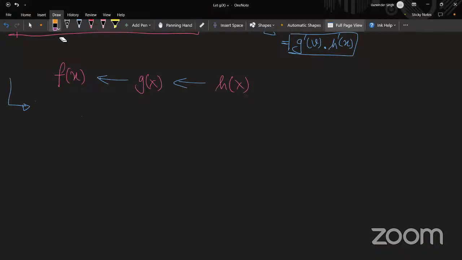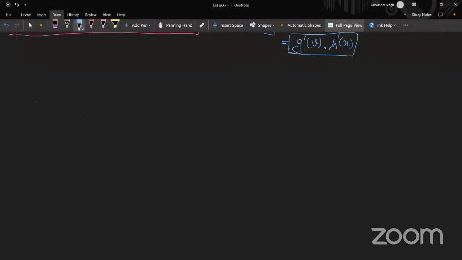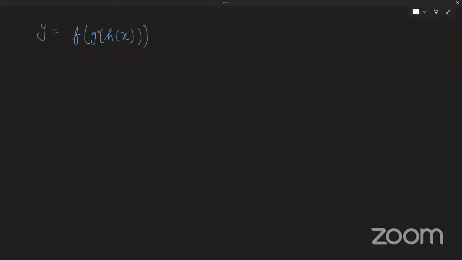So let me show you the other way around. You have got this function. What is your outermost function? Vignesh? F, sir. Great.